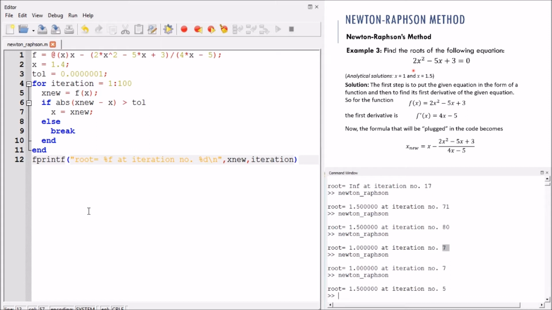Now, in this method, we had to compute the first derivative.